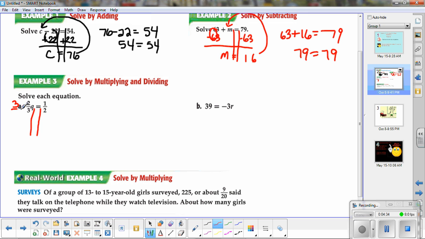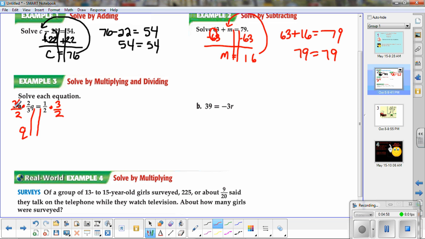So I'm going to multiply the left side by 3/2, and then to keep the two sides equal, I'm going to multiply the right side by 3/2. The reason we do this is because 2/3 times 3/2 is 6/6, or just 1, and 1 times q is q.